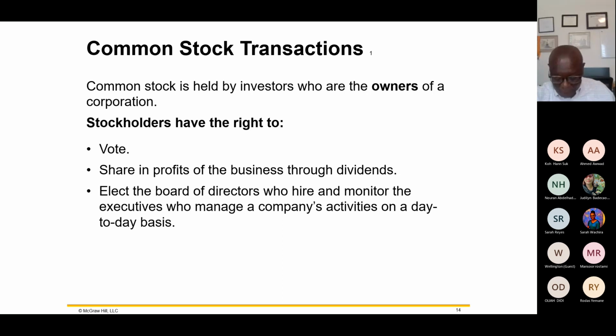So that will be all for stockholders' equity. I will now quickly run through the statement of cash flows.